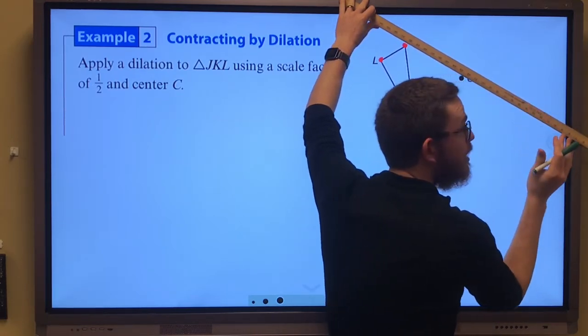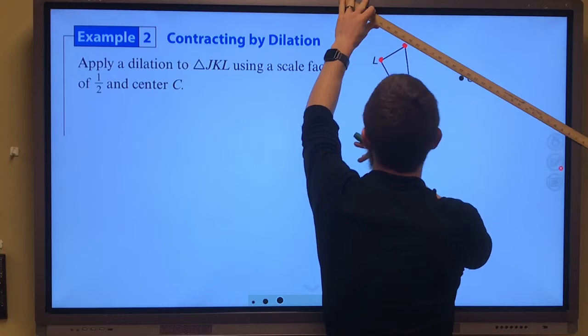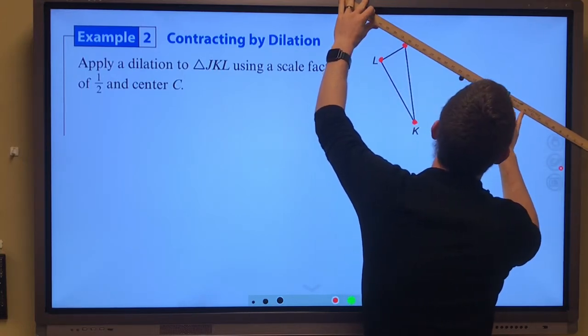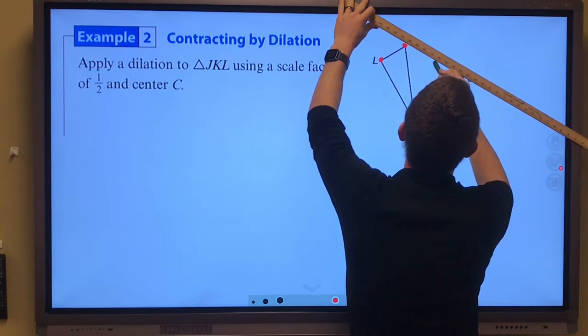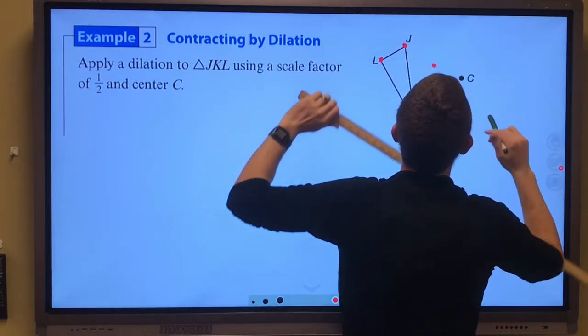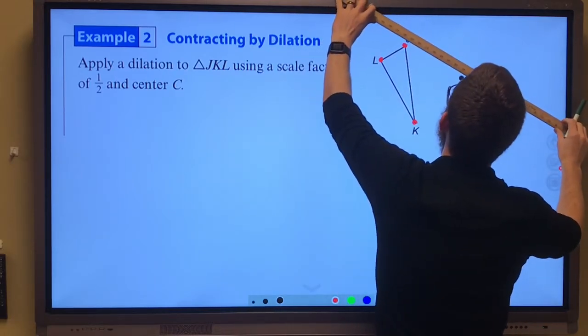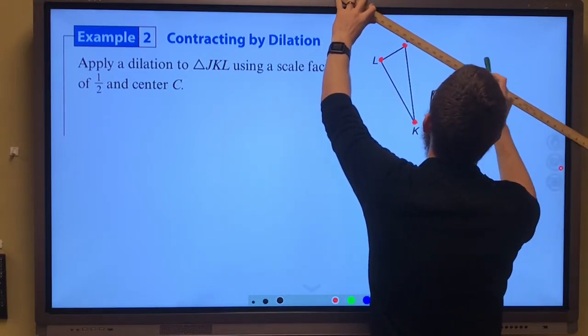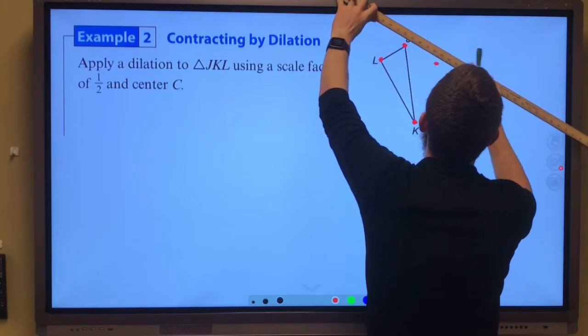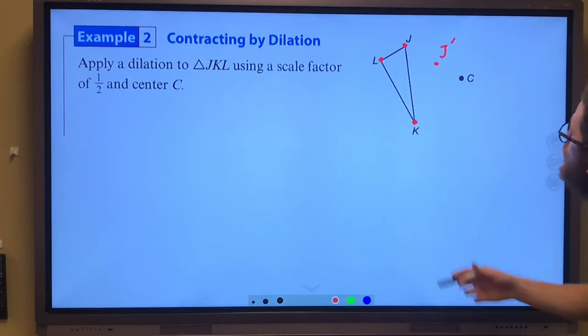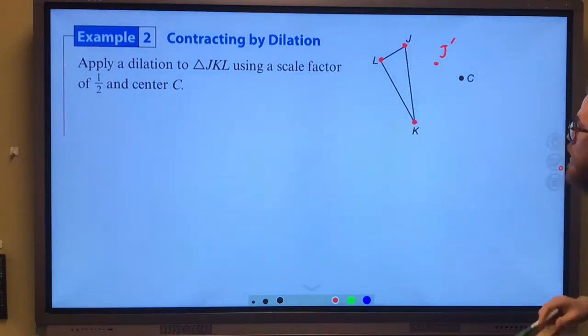So I take that 8 inches, I multiply it times 1/2, which gives me 4 inches. And so I'm going to go 4 inches from C, which gives me my new point for J. I do need to make sure it's in line. That is my new point J prime. It should be half the distance between C and J.